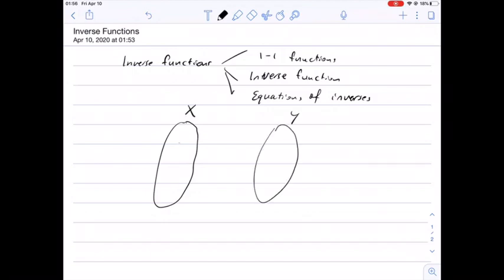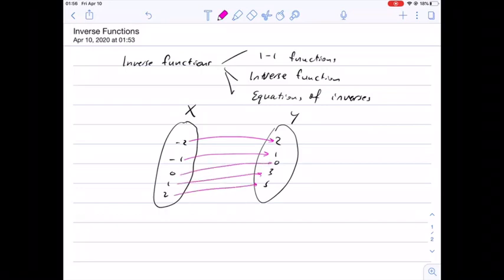This is set x and this is set y. So we have some values in the set x and some values in the set y. Now -2 is associated with 2, -1 is related to 1, 0 is 0, 1 with 3, 2 with 5.